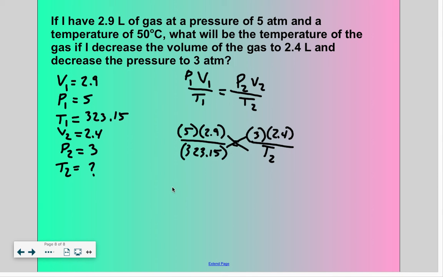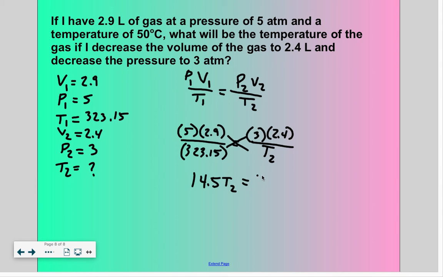So we cross multiply, so we have 5 times 2.9, which is 14.5, and then remember that's times T2, equals 323.15 times 3, and then times 2.4.